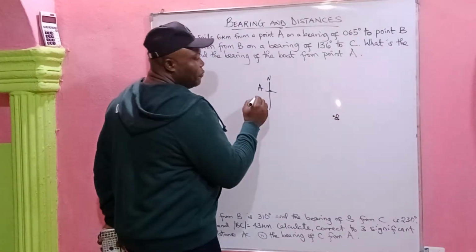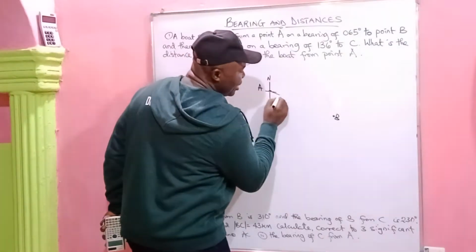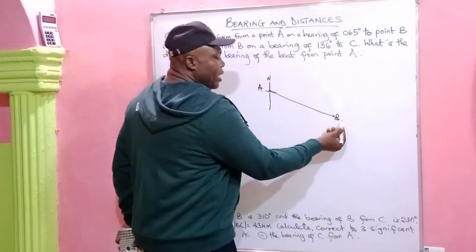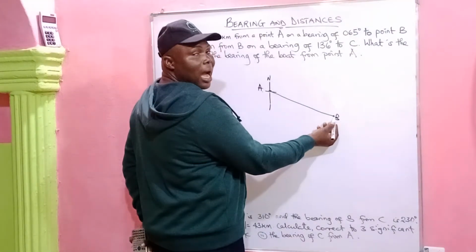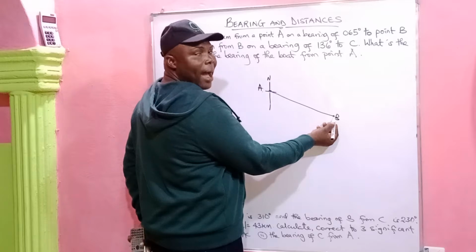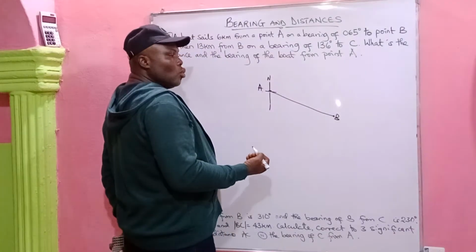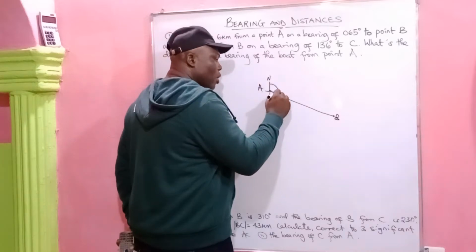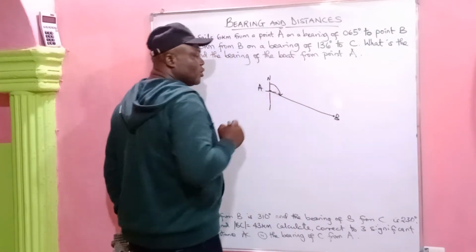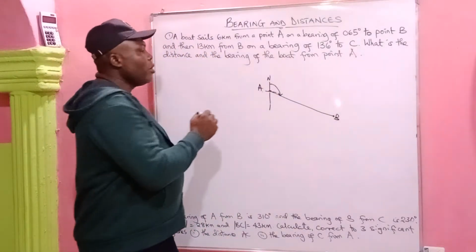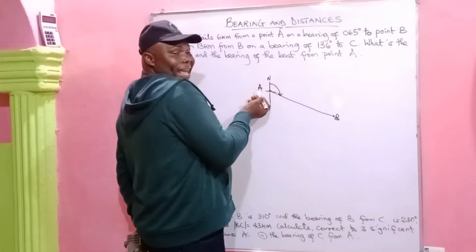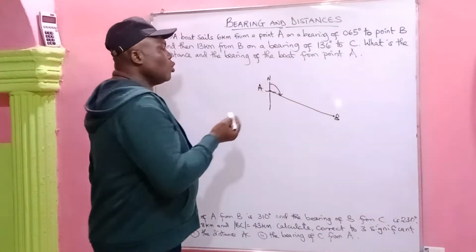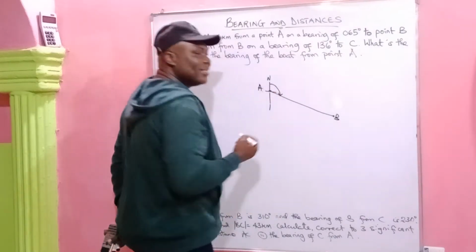And then if you draw a straight line from A to B, here we have the distance, how far A and B are apart. But you need to know the location of B by the use of the angle. So measure it this way, clockwise, from the northern pole to B. So you will be able to know by this angle what B exactly is.